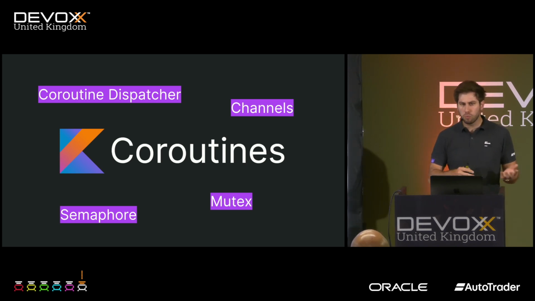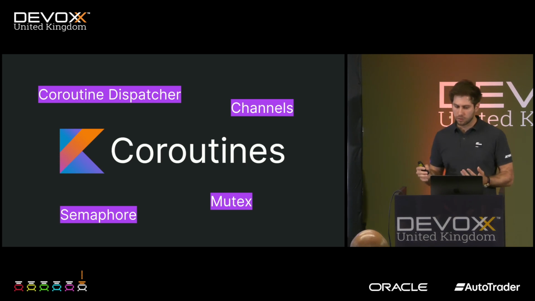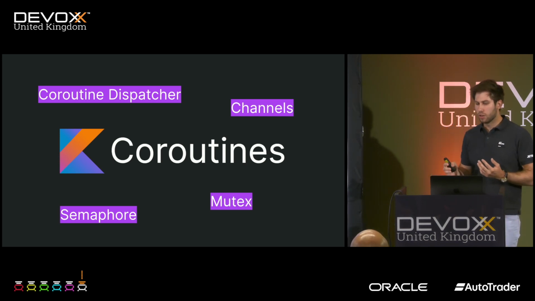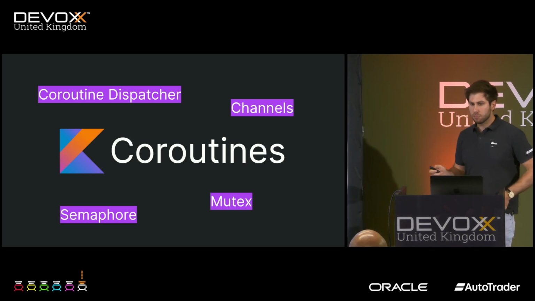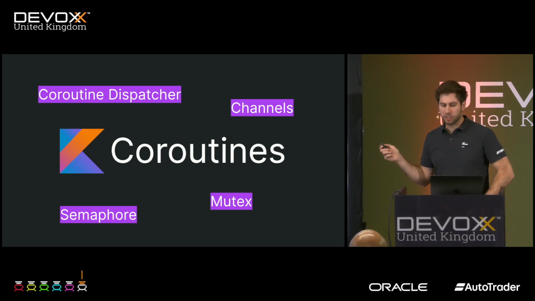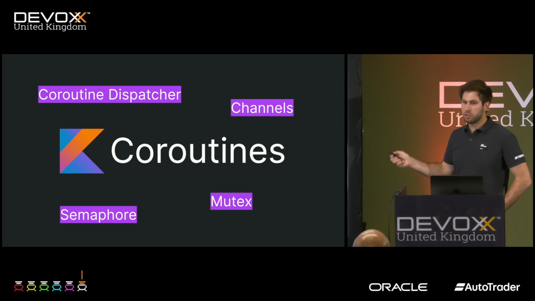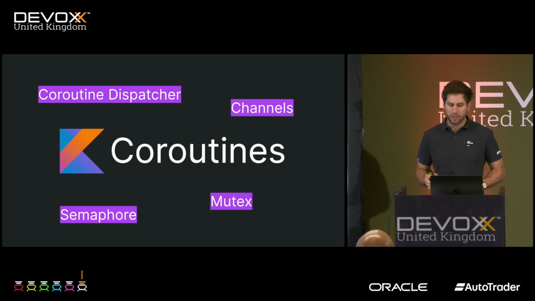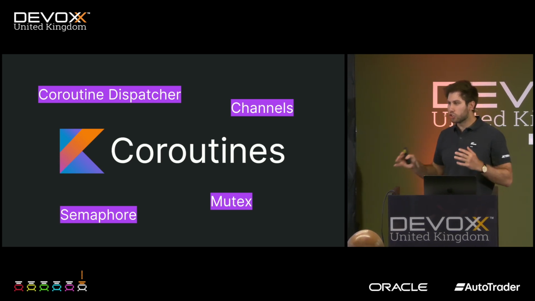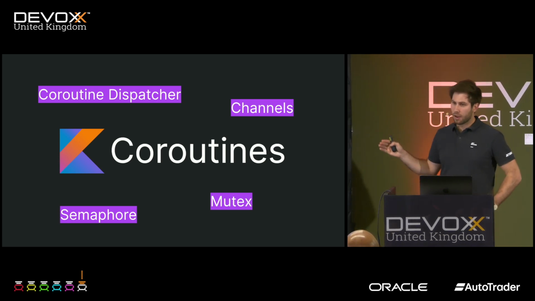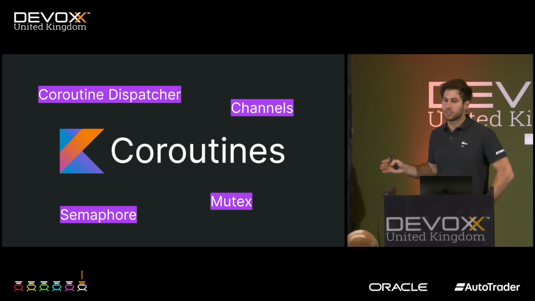Channels, rendezvous, buffered, conflated, many of them that coroutines use for communication. Finally, there are mutex and semaphore synchronization primitives. All these primitives play a key role in the Kotlin coroutines implementation, and we need to ensure that they are correct.